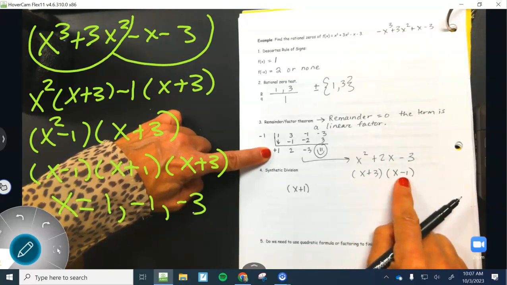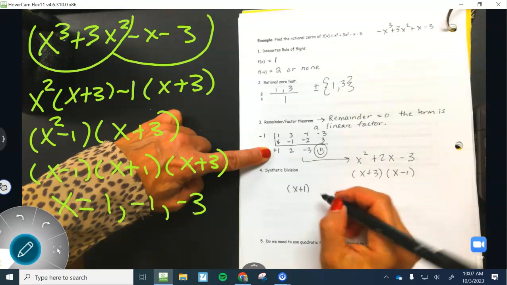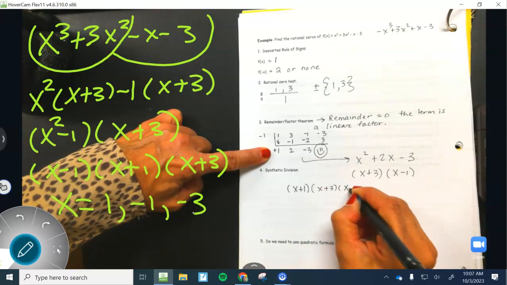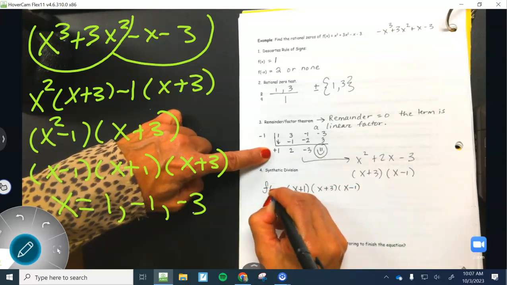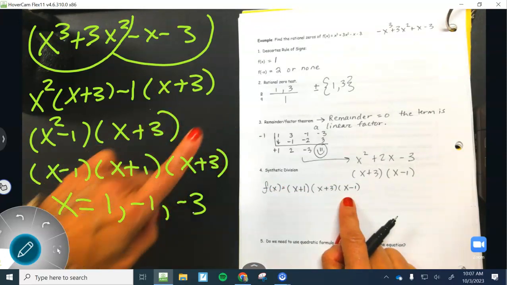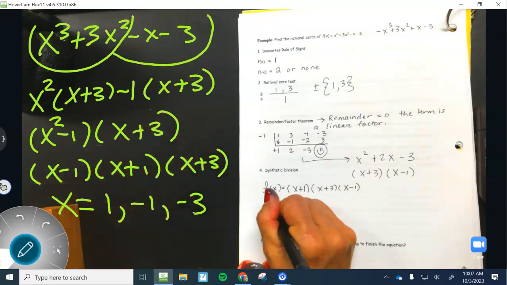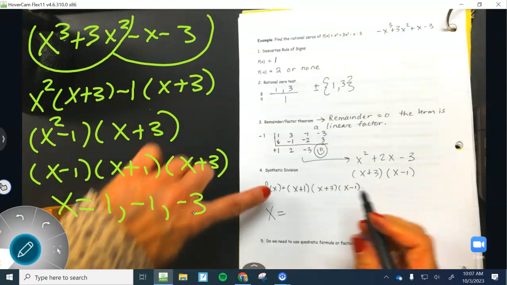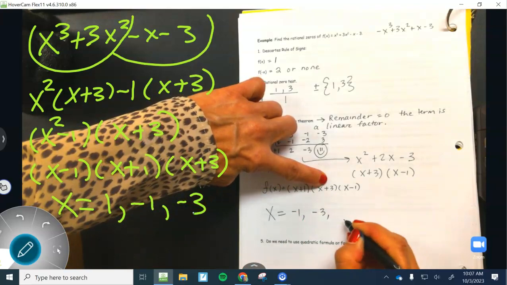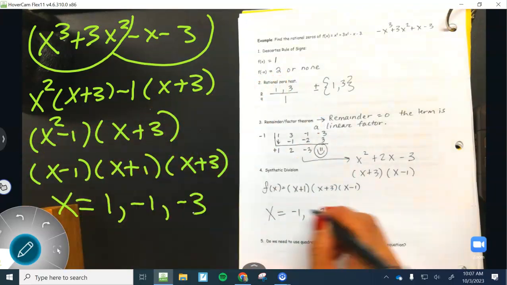Let's recopy those down here on this line, because this is where we're going to put our factored form of our polynomial. So again, the zeros are negative 1, negative 3, positive 1.